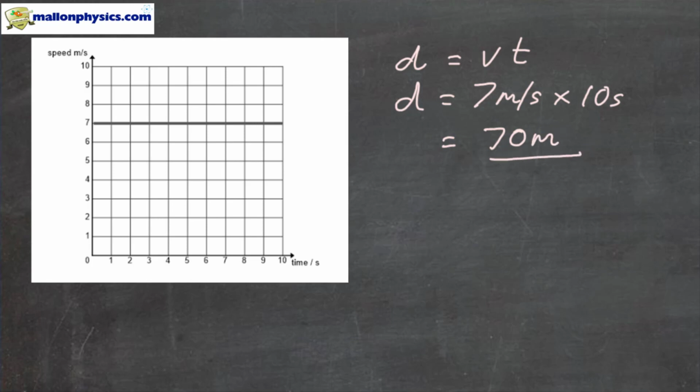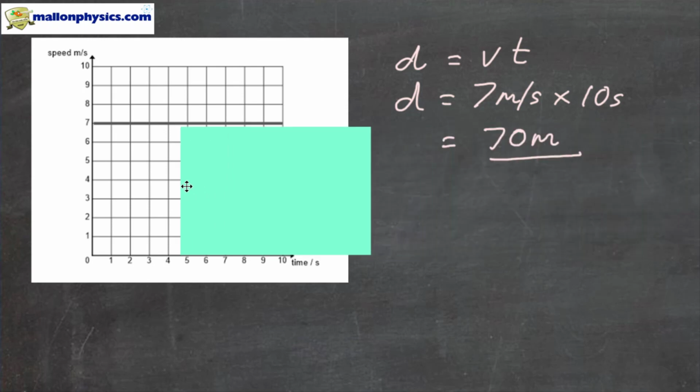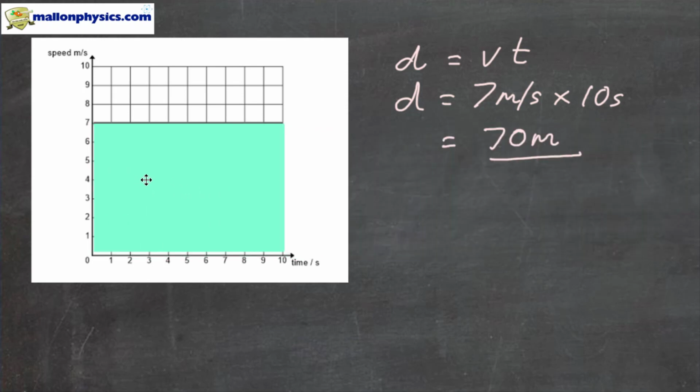Now if we look very closely at the speed time graph, we can see a very important thing. The area of the graph, if I can shade that part in here, is numerically equal to the distance gone. We have 10 across multiplied by 7 up, that's the area of a rectangle, and it's going to give us an answer of 70.